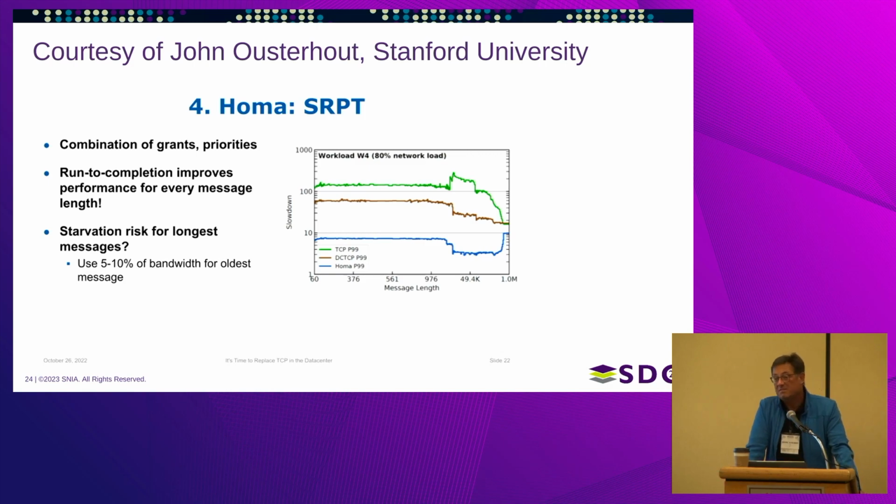And there's very little starvation risk for these very long messages, which is also something we see, because in our typical embedded systems we have to deal with these camera streams at the same time as synchronization messages, just short synchronization messages like, engage the brake pads, for example.